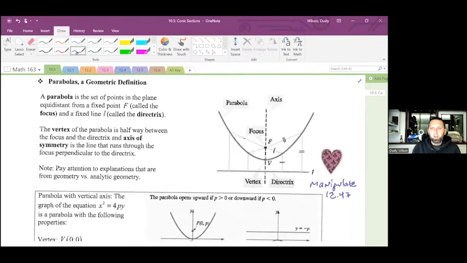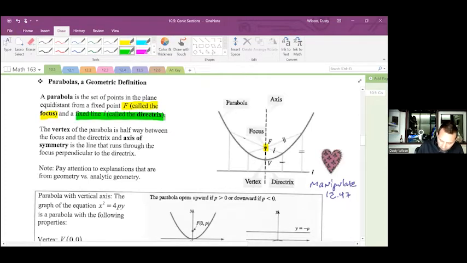The first of the conic sections we're going to discuss is the parabola, and here we're talking about it with a geometric definition. So a parabola is the set of points in the plane equidistant from a fixed point F. So here's our fixed point F, which is called the focus, and a fixed line L, which is called the directrix.